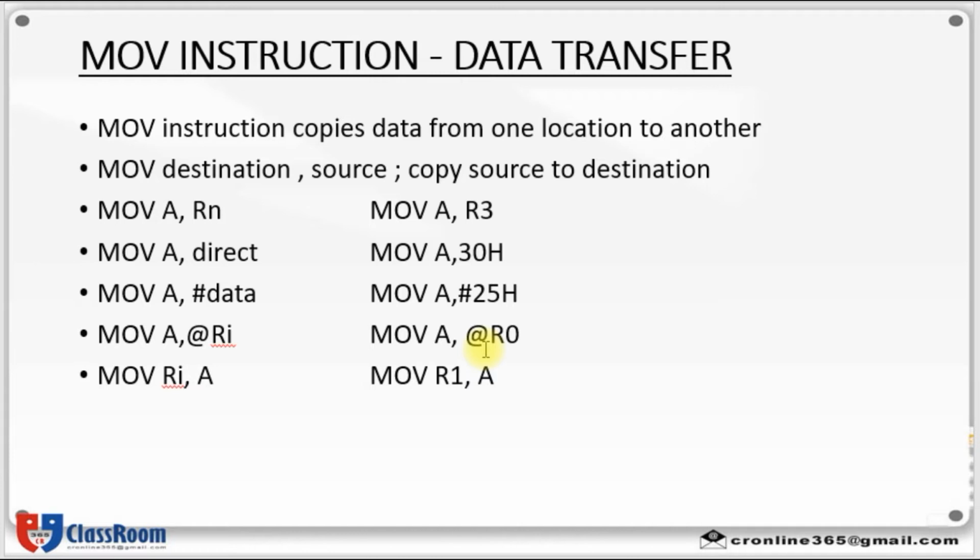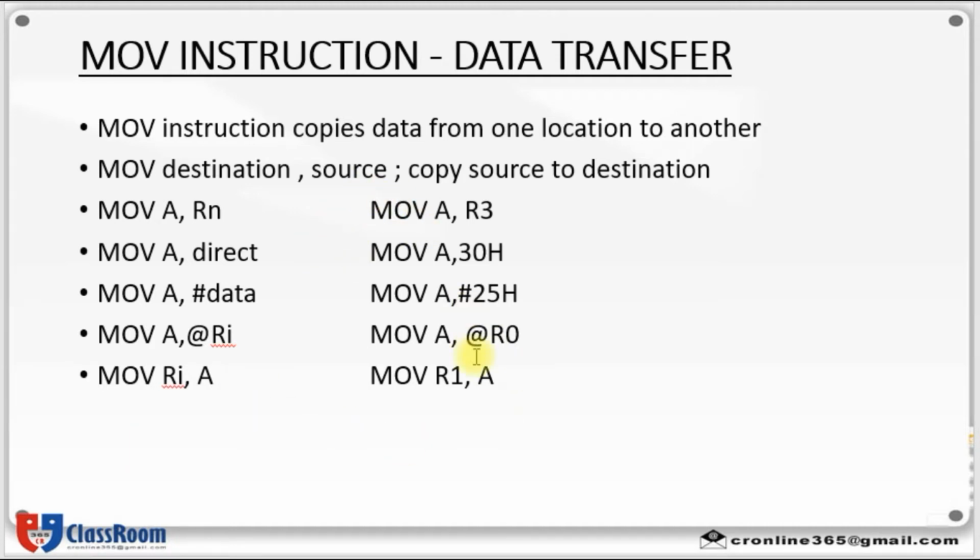That address contains the data. So R0 indirectly points to one address and that address contains data. That data is transferred to the accumulator. So it is indirectly given by the notation at.